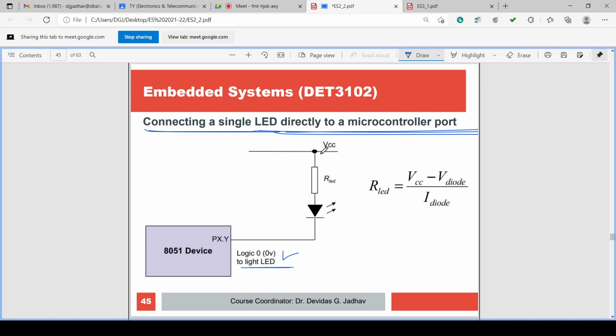So there will not be any voltage difference. Both sides are having the same voltage, 5 volt, and the LED will not have any current flow. If there is a voltage difference, then only current flows. If both sides are 5 volt, there will not be current flow and the LED will not glow.